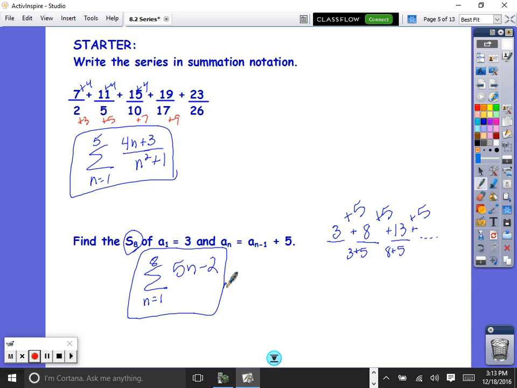Now yesterday we ended with some special formulas to calculate series, but there are a few most special ones specifically for arithmetic series, and then there are those for geometric series.